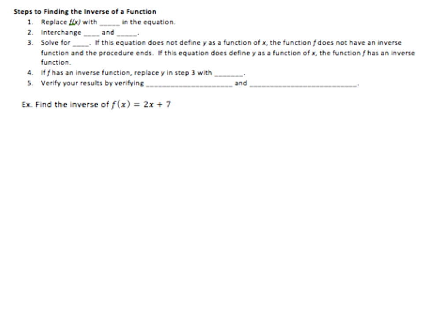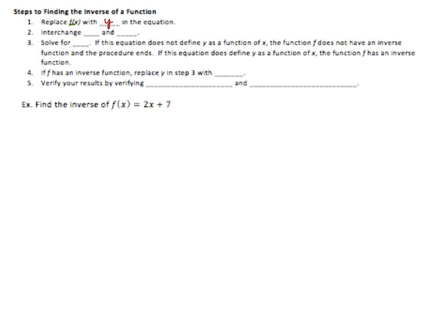You do the verification by composing both ways. Now, a lot of times you're going to be given a function f of x and you're going to be asked to find the inverse. So these are the steps that you go through to find the inverse of a function. The first thing you're going to do is replace f of x with y.